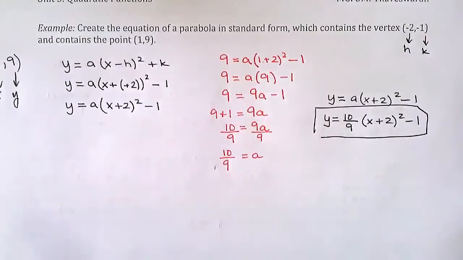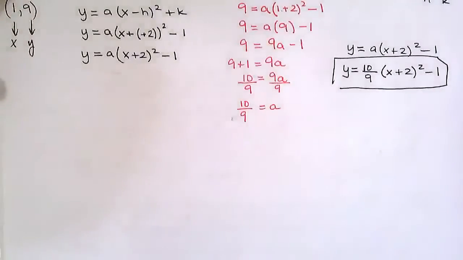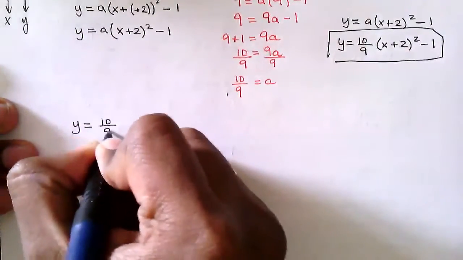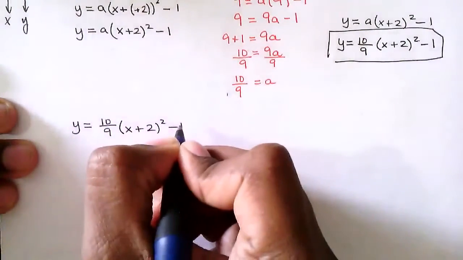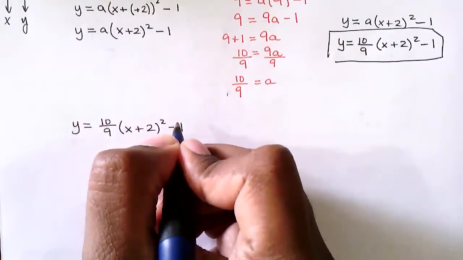Again, this is vertex form, which is fine, but the question said, write it in standard form. So we're going to have to multiply this out now. So we have y is equal to 10 over 9 (x plus 2) squared minus 1.